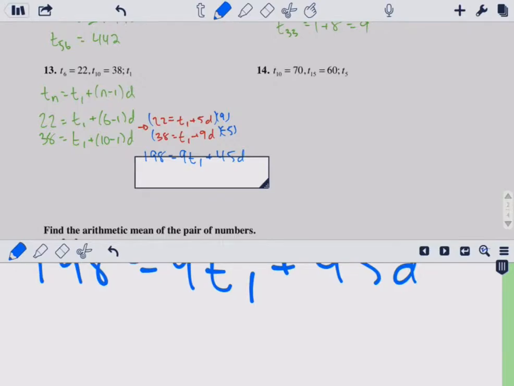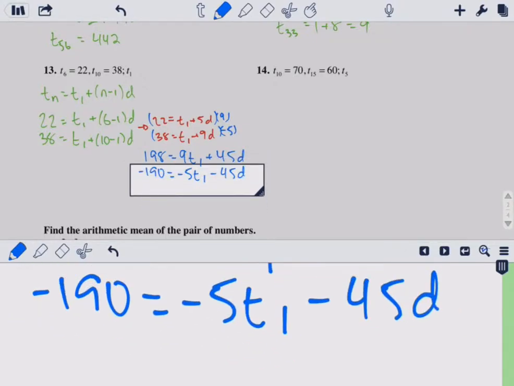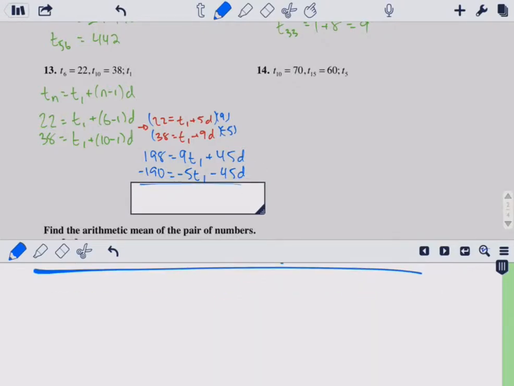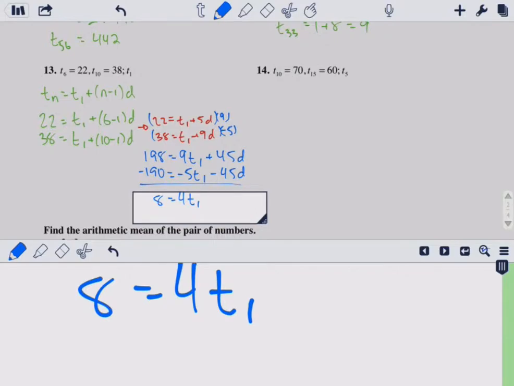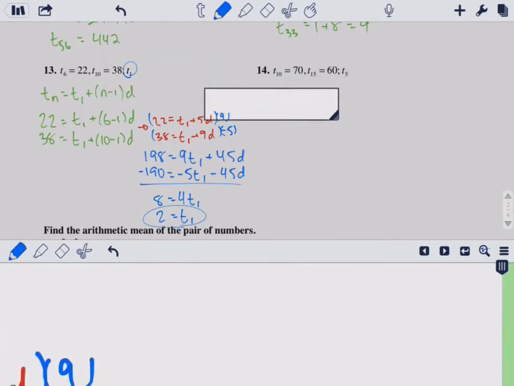Negative 5 times 38 is 150 and 40. It's negative 190 is equal to negative 5t sub 1 minus 45d. Alright, and just adding those, that gives me 8 is equal to 4 t sub 1, so t sub 1 is equal to 2. And that solves what we're trying to find. Remember, we wanted to find t sub 1.